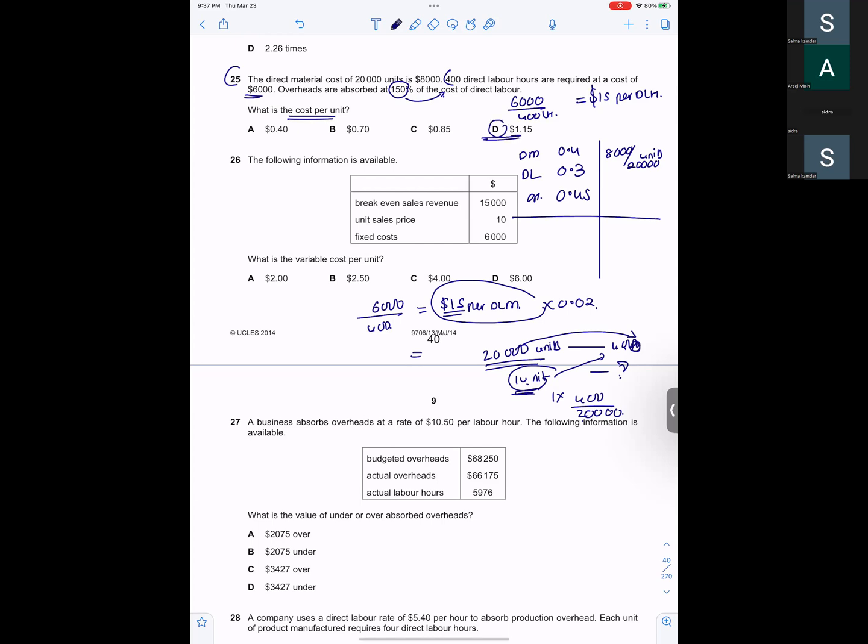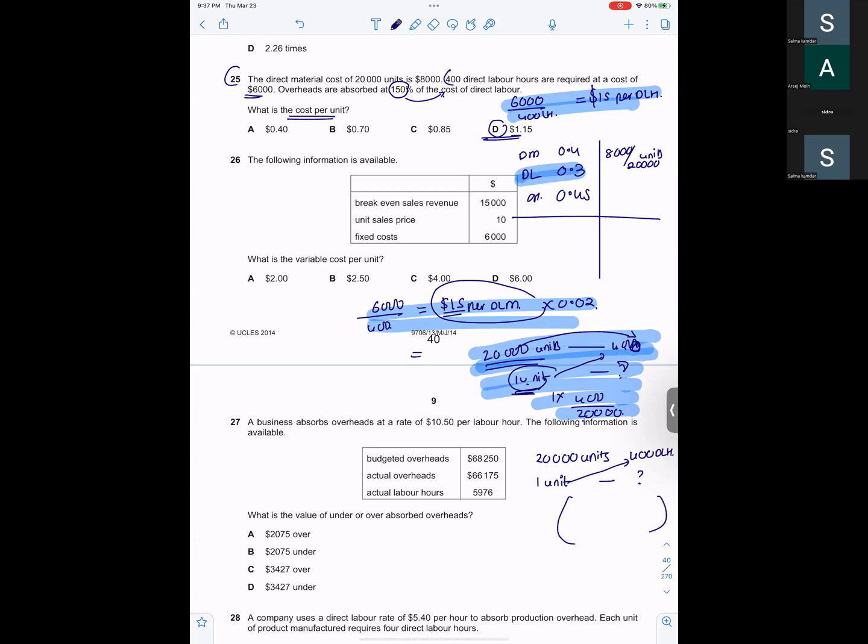I hope you understood the glitch over here is labor. How did we get 0.3? Look over here. To make 20,000 units, you need 400 direct labor hours. So to make 1 unit, how many direct labor hours?